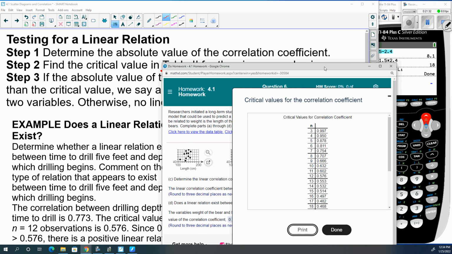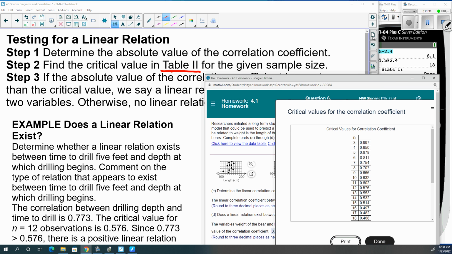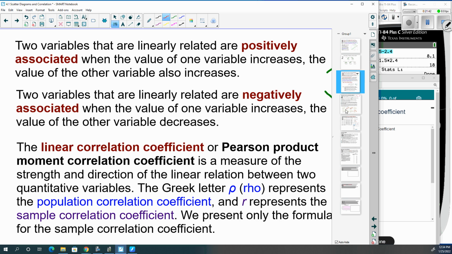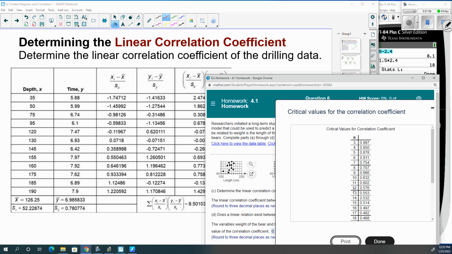But anyways, what this is saying is you find the critical value in the table for the given sample size. For this problem, when we were doing the drilling, there were 1, 2, 3, 4, 5, 6, 7, 8, 9, 10, 11, 12 numbers in that. So looking at this table, my sample size is 12.